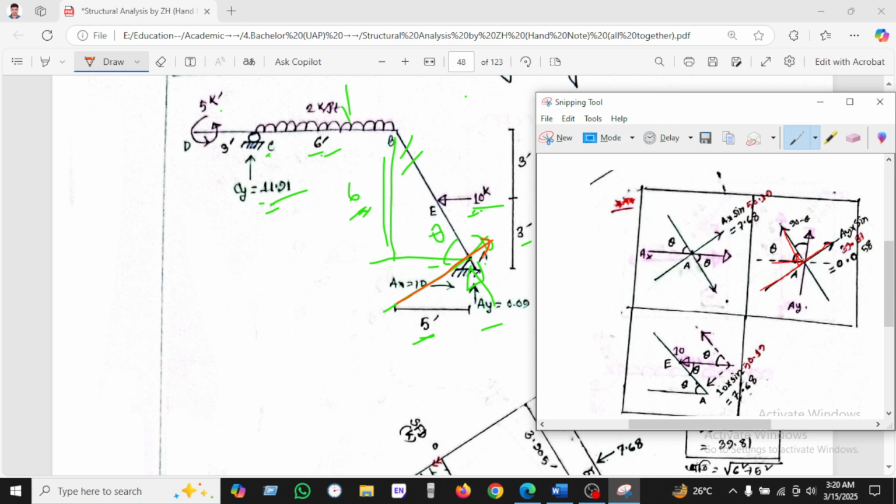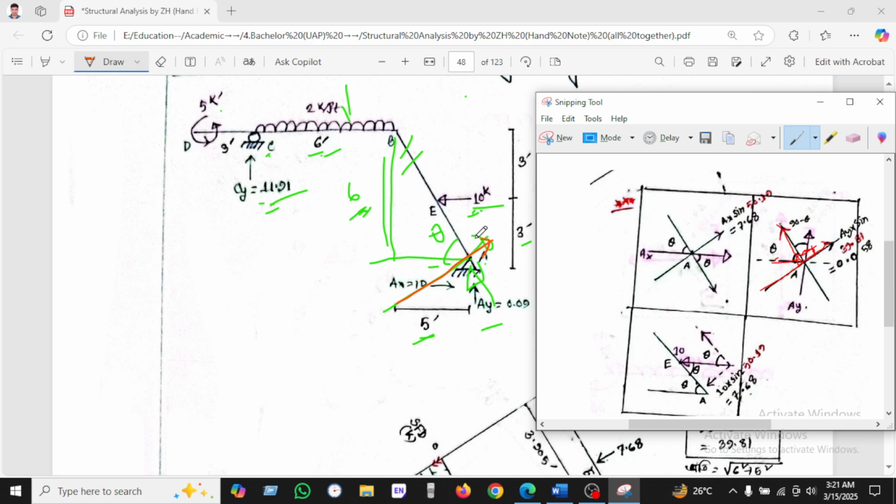We know this is the theta, as we have found. So we see there are two types of components going here, one going here, another going here, and this is the perpendicular or 90 degrees, and this is theta, and this is the 90 minus theta. In this way we will calculate Ay into sin 39.41, which is 0.051.